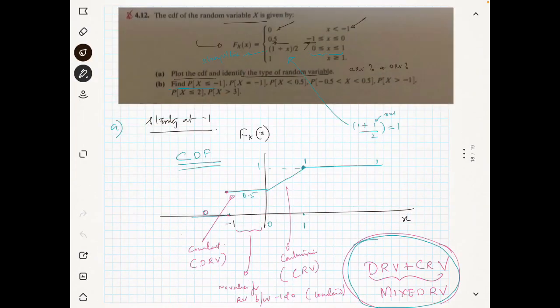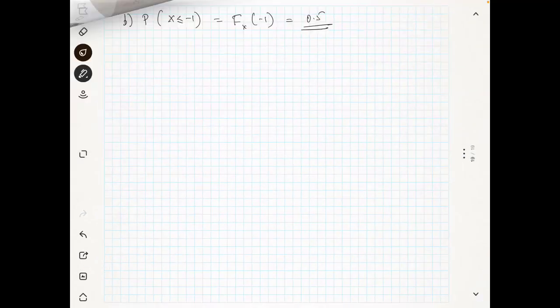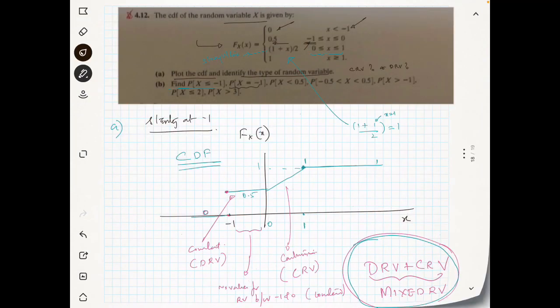Next part of the question, we have to find the probability that x is equal to -1. What is the probability that x is equal to -1?